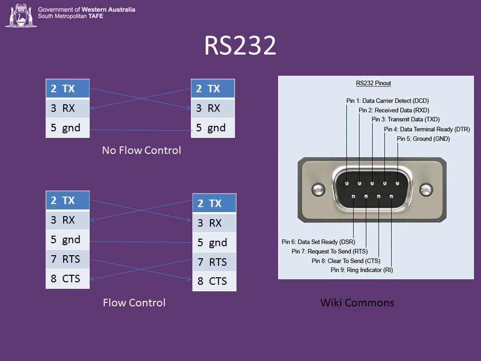This is the simplest type of communication, RS232. It's teletype communication, the very earliest type. In its simplest form, you simply have a receive and a transmit and a ground, and the receive and transmit are crossed over. That's what we call no flow control.